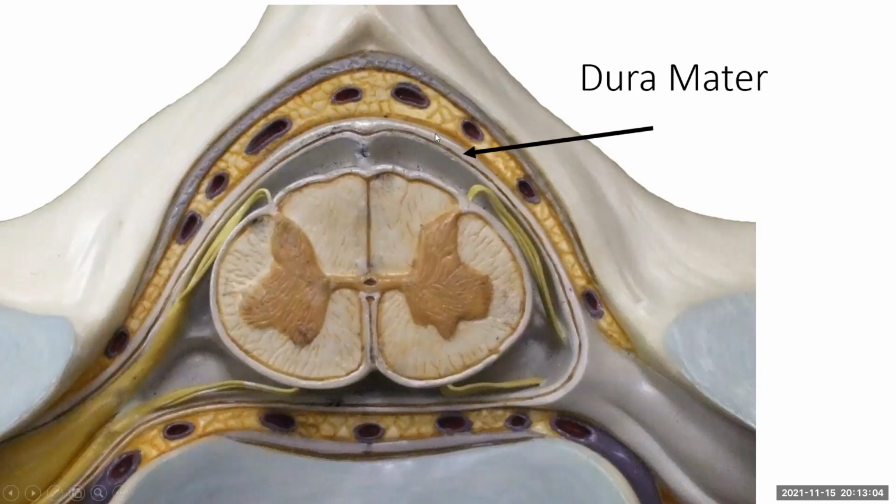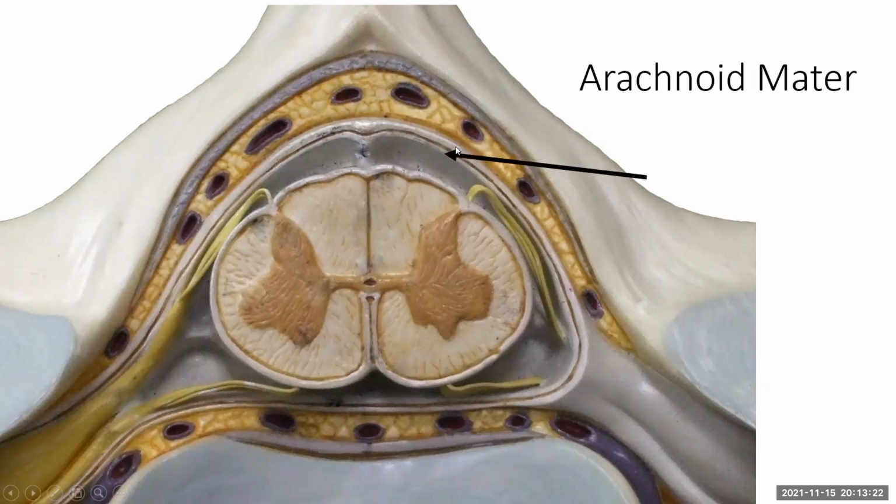Our next layer is the dura mater, the outermost layer of our meninges. The dura mater is the thicker layer. It is very protective and helps to provide a lot of support for some of the neurological structures. So that's the outer layer of the meninges. We go deep to that.